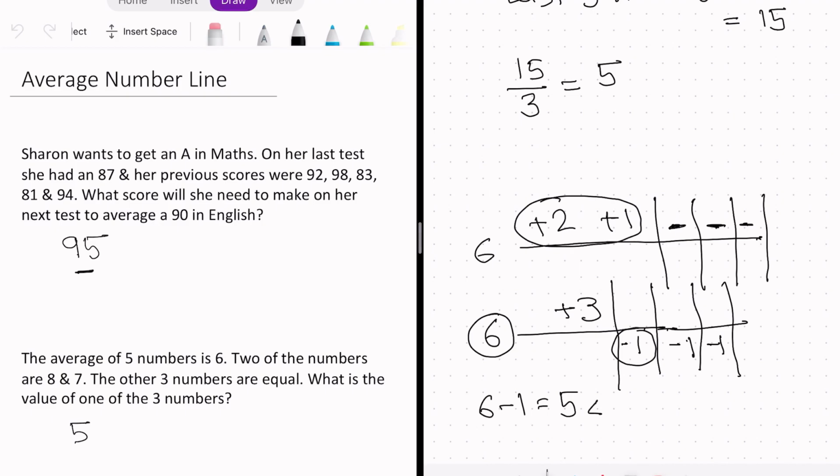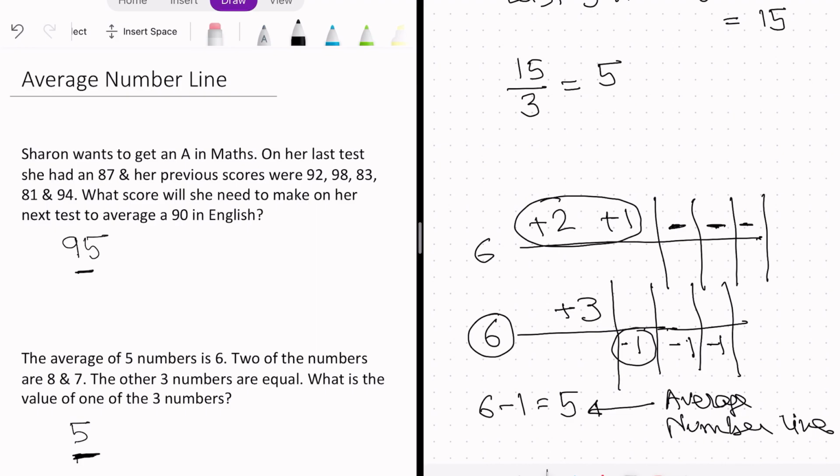This is the answer that you get by using the average number line, which is the same answer that we got in the traditional calculation. So you see how easy this becomes. Even though there are calculations, they are very few, and the calculations are also very simple. It will be simple additions or simple subtractions once you follow this method.